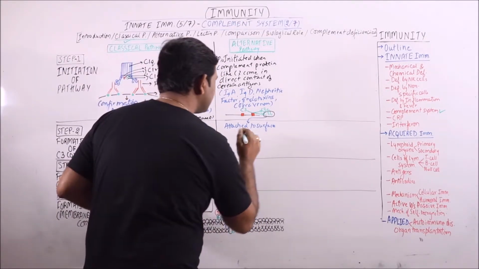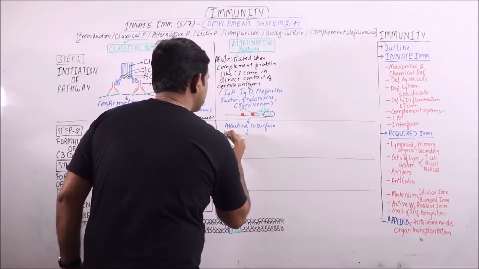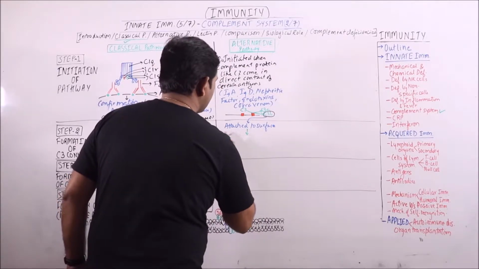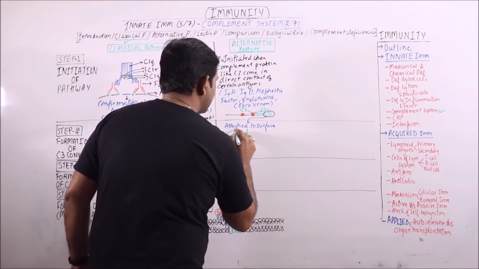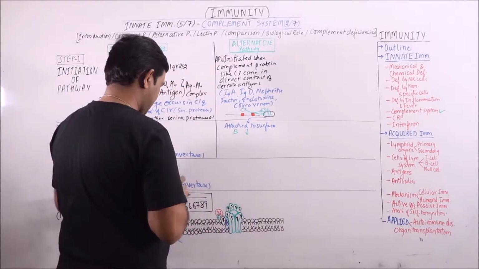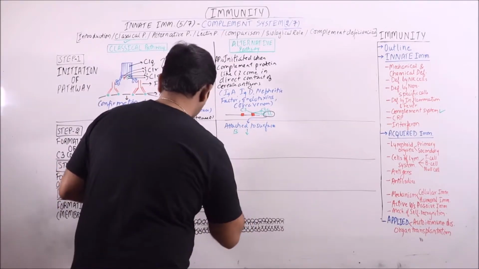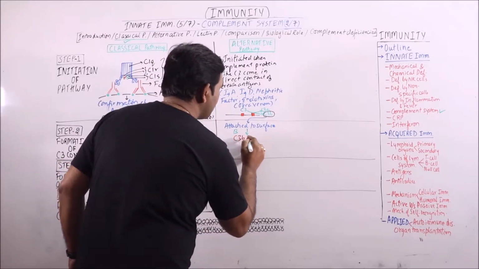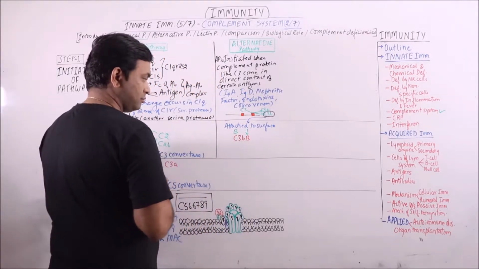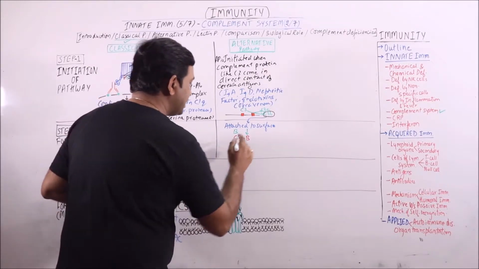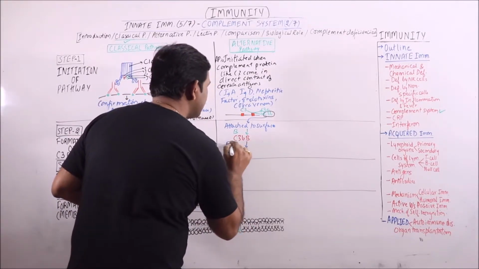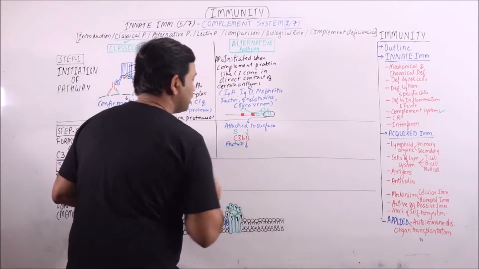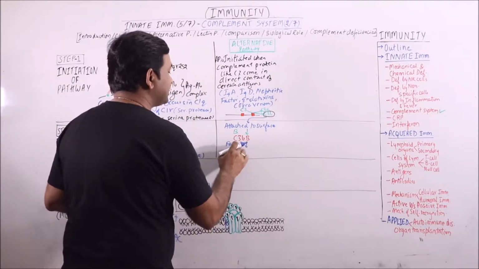Then, in presence of another protein, factor B, it becomes C3B, capital B. Then in presence of factor D, it undergoes spontaneous lysis.